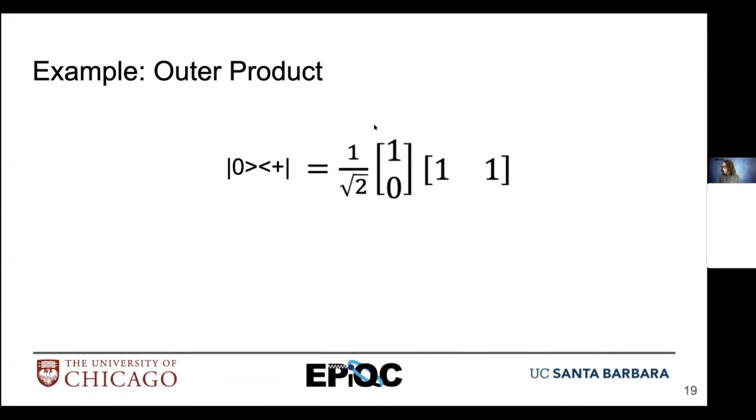So here we go. This is a ket 0 here, and then we have a ket plus that we are turning into a bra for our outer product. So that would result in the following matrix for us.